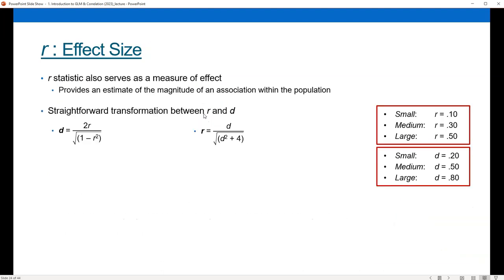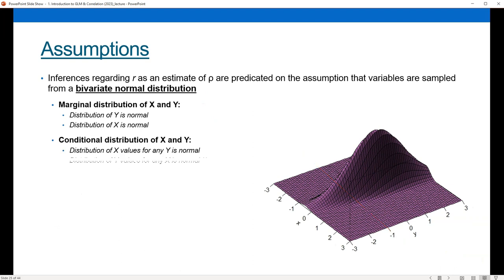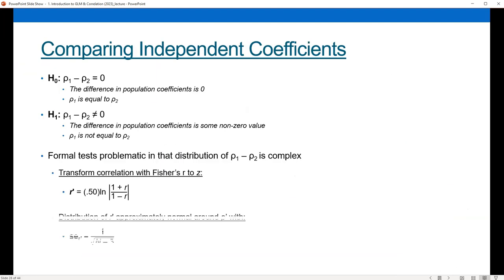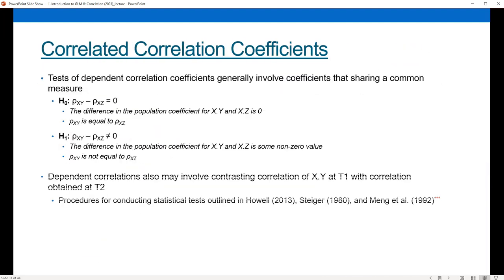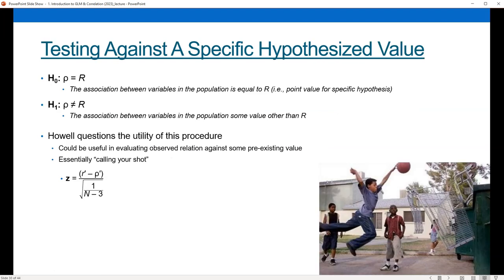But we don't have to stick to that. Maybe what I'm really interested in is not whether my population coefficient is equal to 0. Maybe what I want to know is whether or not my correlation between X and Y is different from a value of, say, 0.2.